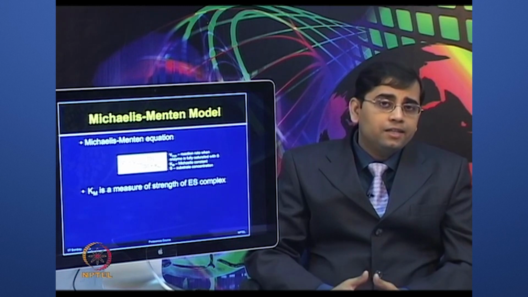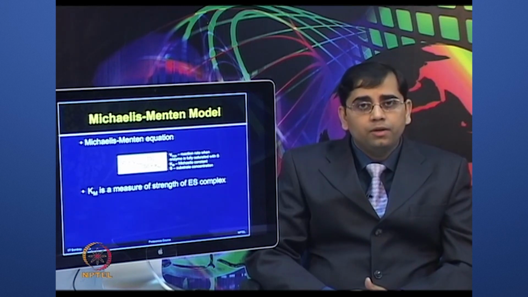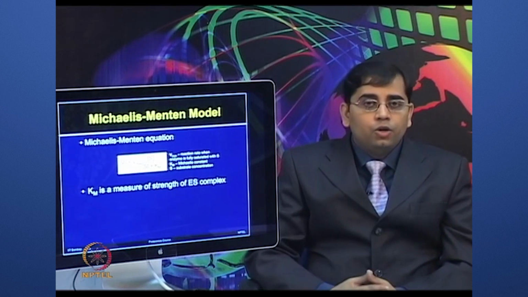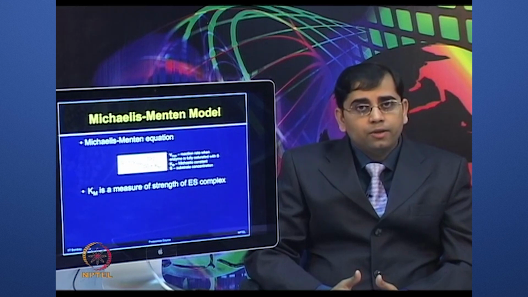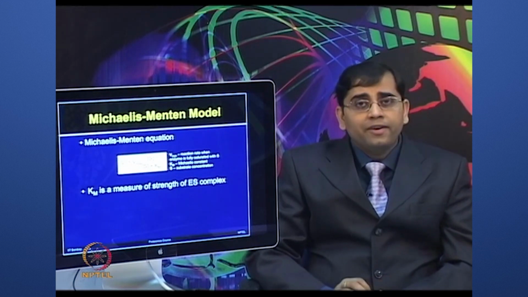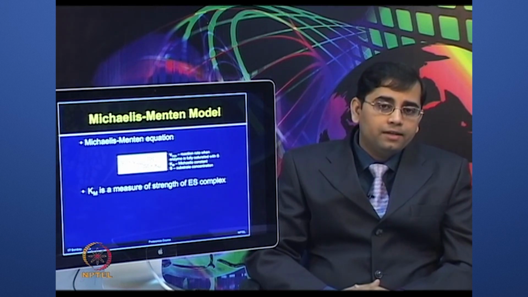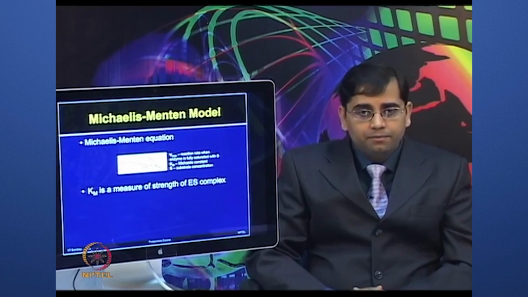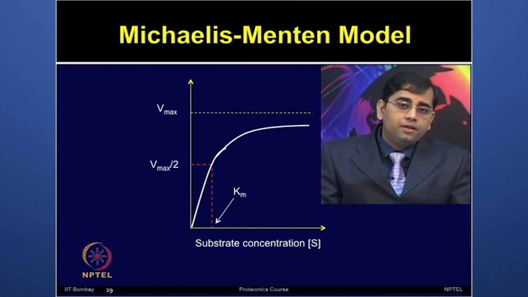Now, let us take a third situation where substrate concentration is equal to Km. Now, in this case, the equation will become V0 equals Vmax divided by 2. So, substrate concentration at half maximal velocity is known as the Michaelis constant or Km. So, Km is substrate concentration at half maximal velocity.